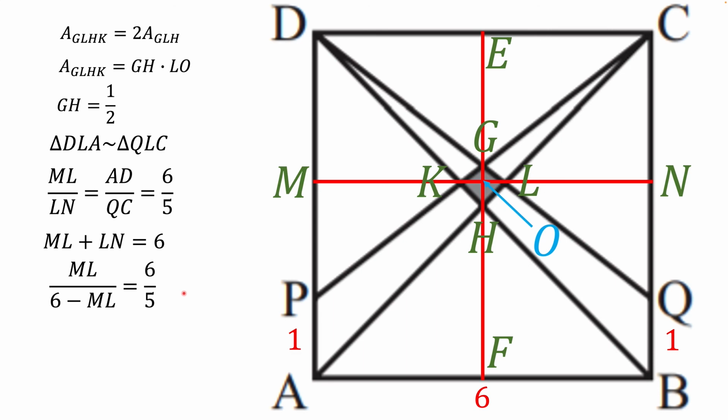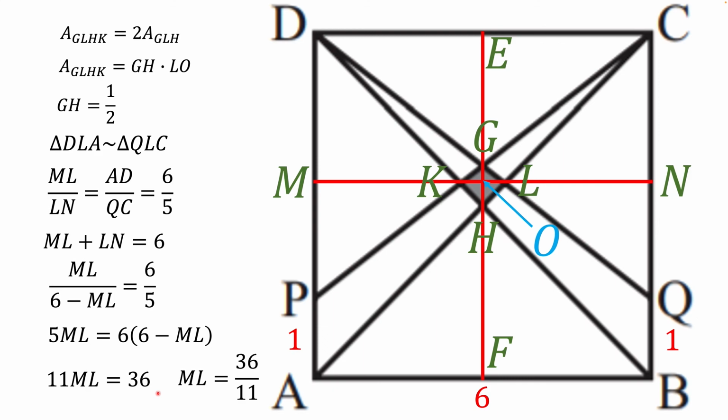So we multiply both parts by 5 and by 6 minus ML. If we do, we get an expression like this. Open the parentheses, combine the MLs, and you get 11 ML equals 36. Now we divide both parts of this equation by 11, and we get ML as 36/11. Okay?